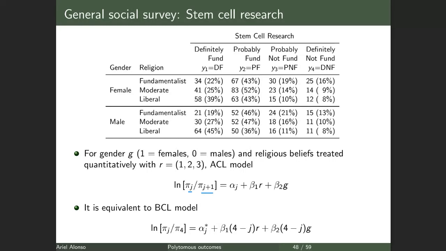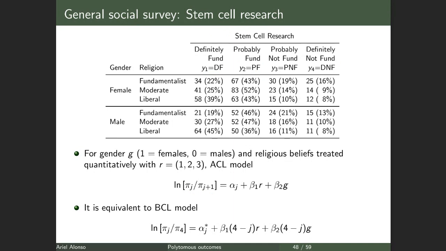Or, for instance, the odds of probably not fund stem cell research with definitely not fund stem cell research. That's your model. You are comparing adjacent categories all the time. So this one with this one, or this one with this one, or this one with this one. That's what the model does.